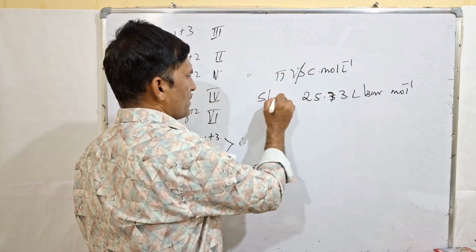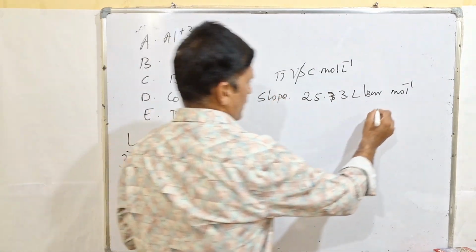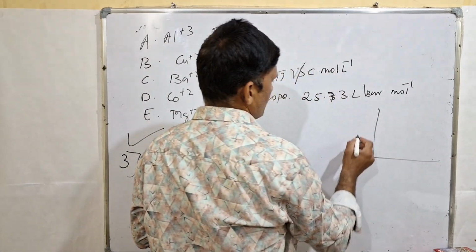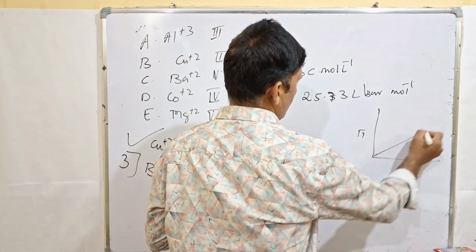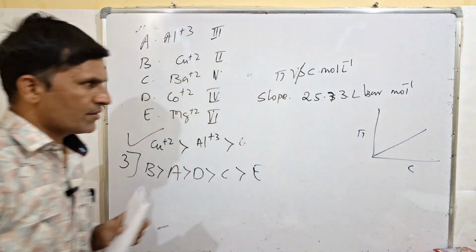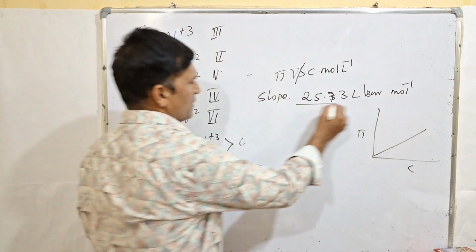What is this slope? When you plot a graph of pi versus concentration, you get a straight line, and this is the value of the slope.